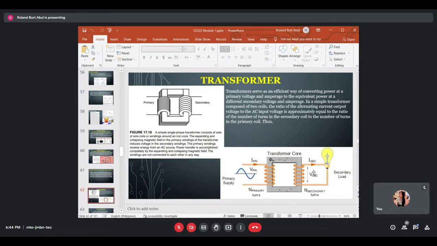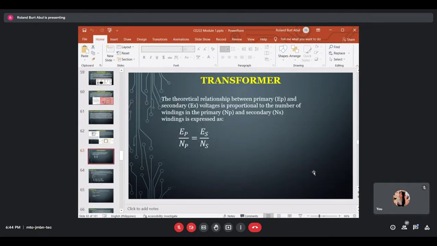Yes, sir. So always remember lang the power coming from the primary side is equal to the power on the secondary side without consideration sa efficiency. So isa na ninyo ka way of checking nga sakto ang inyuhang gipang-solve nga values.